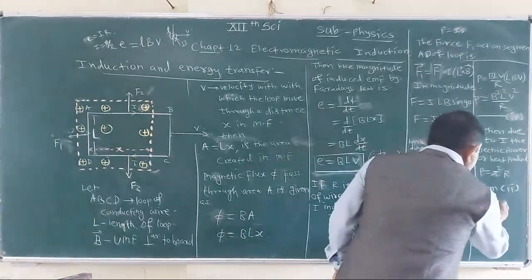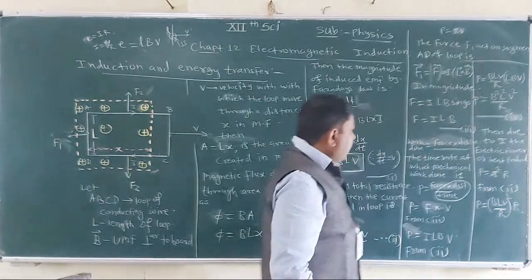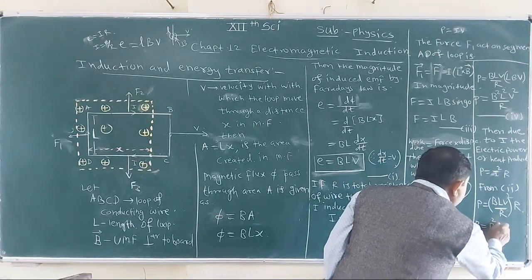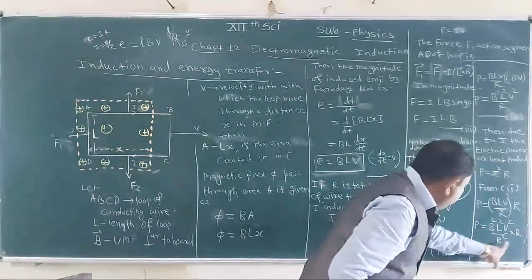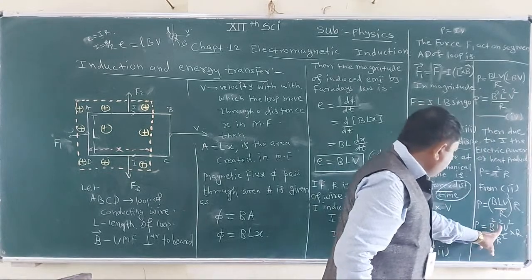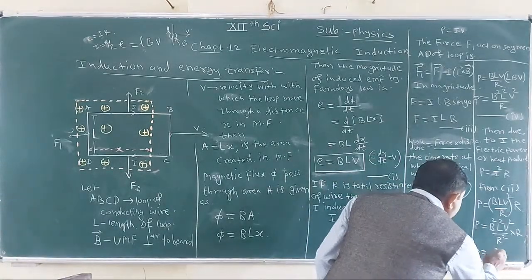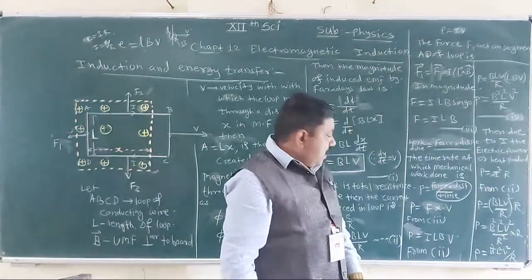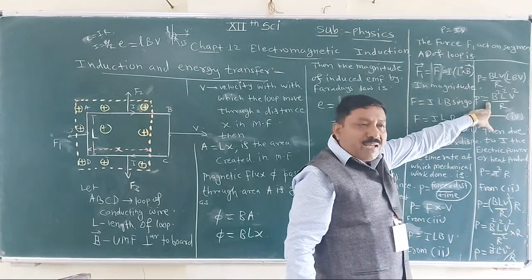BLV by R, its square, into this R. So you can get power is equal to B square L square V square by R square into this R. Again this R cancels with this R, and we get the formula P is equal to B square L square V square by R. This formula is the time rate at which electrical work is done, and it is also the time rate at which the mechanical work is done.